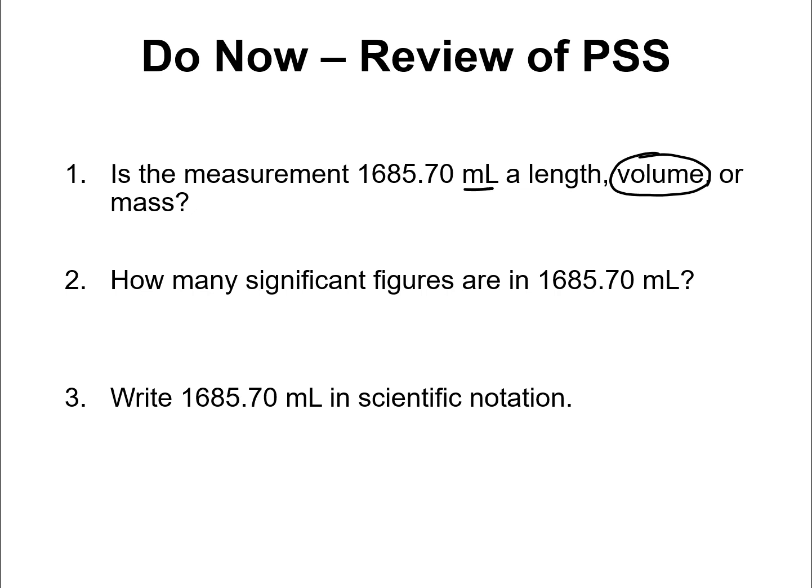Okay. Question 2. How many significant figures are in 1685.70 milliliters? We got a mixture of 6s and 5s. I figured that would happen. There are six sig figs here.